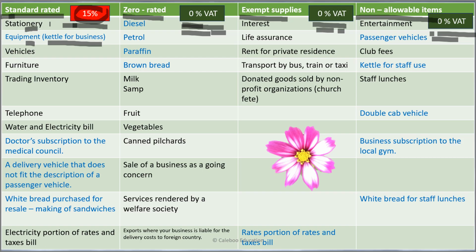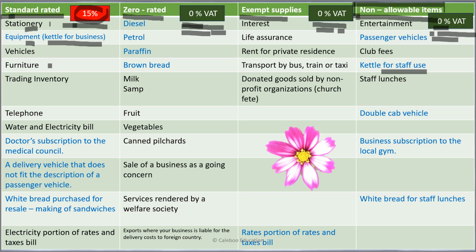But if the kettle were for the use of the staff, that item would be non-allowable. Anything that is used for the staff falls under non-allowable, and there will be 0% VAT.